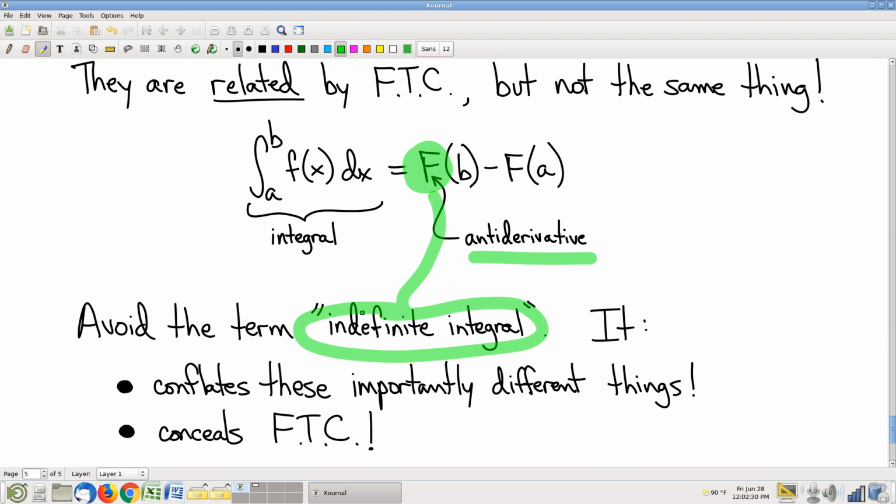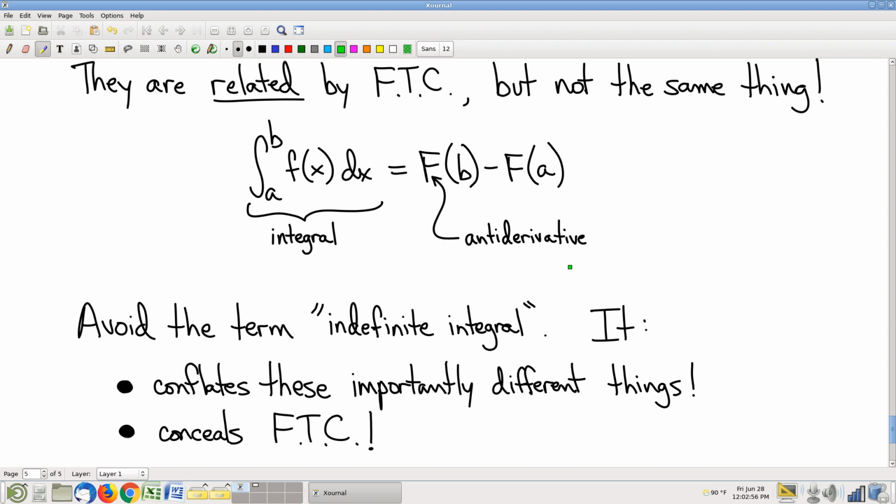This is a bit of terminology, and it's one of my least favorite bits of terminology in math. This terminology is an attempt to celebrate what the fundamental theorem gives us: hey, look at this, there's such a strong connection between integrals and antiderivatives. It's like antiderivatives kind of are integrals or something. But let me explain why I think this is really bad terminology.